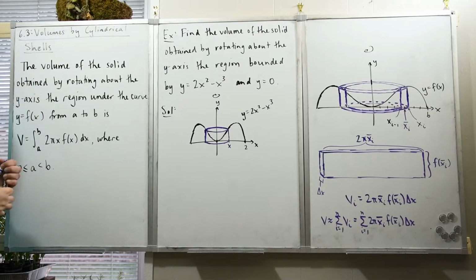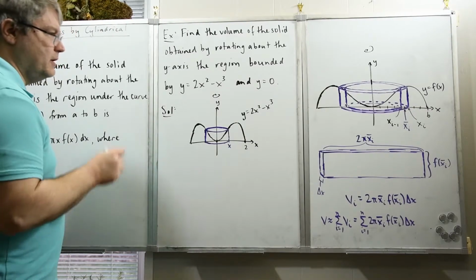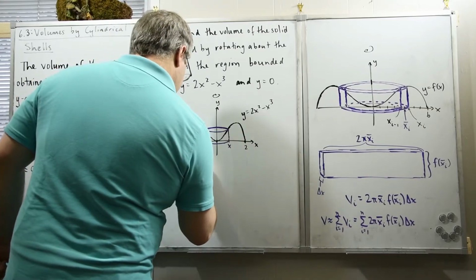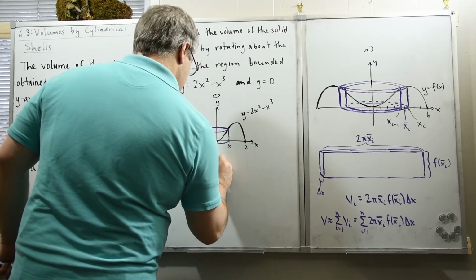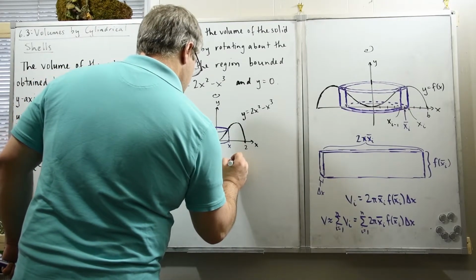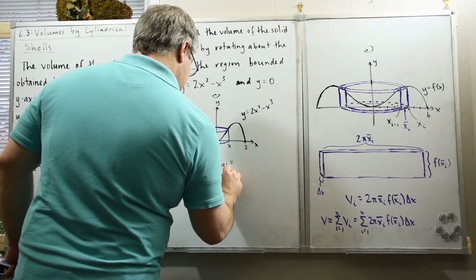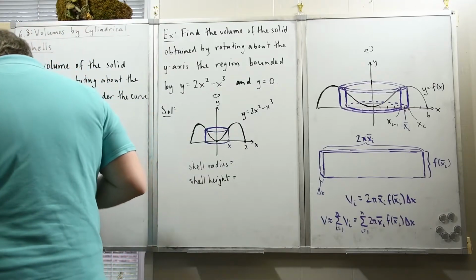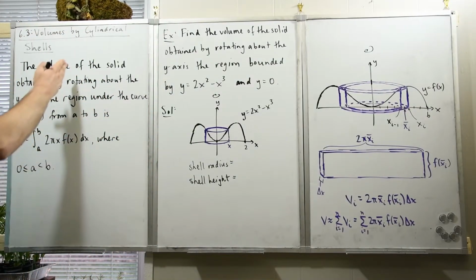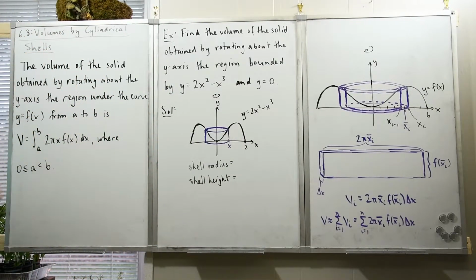I'm really interested in two things regarding the shell: shell radius and shell height. What you have to remember about this note is that here we were describing the volume of a solid obtained by rotating about the y-axis the region under the curve y equals f of x from a to b.